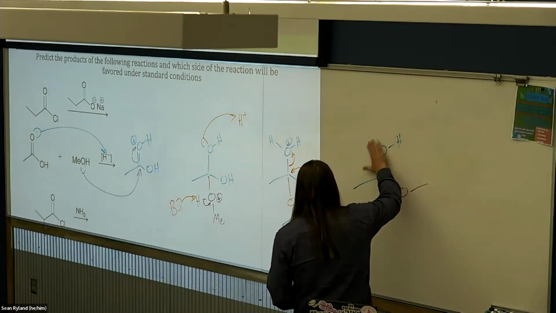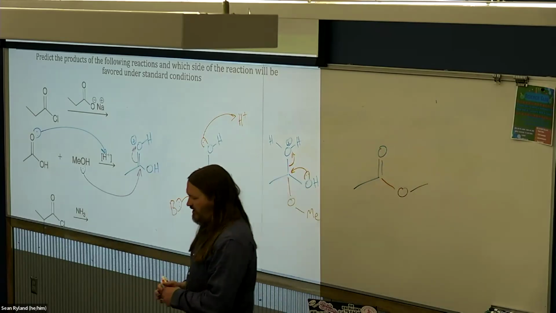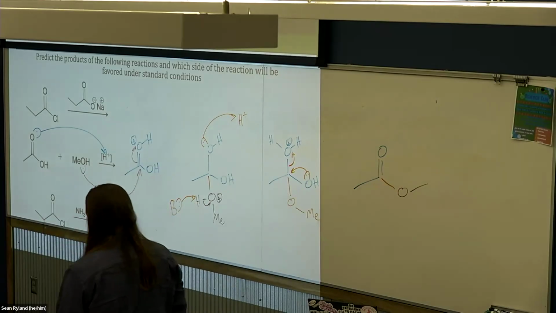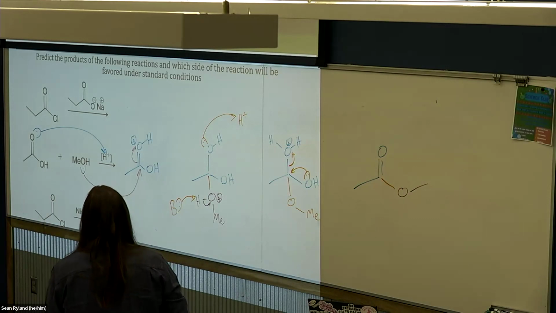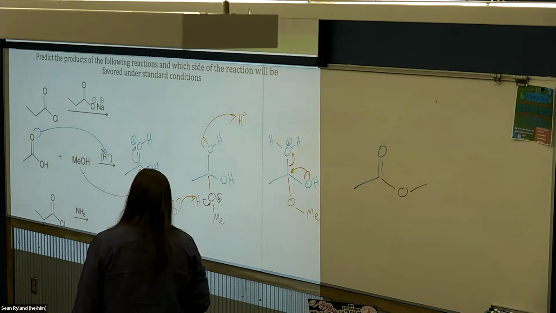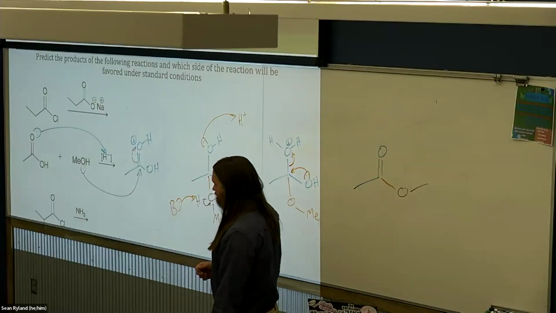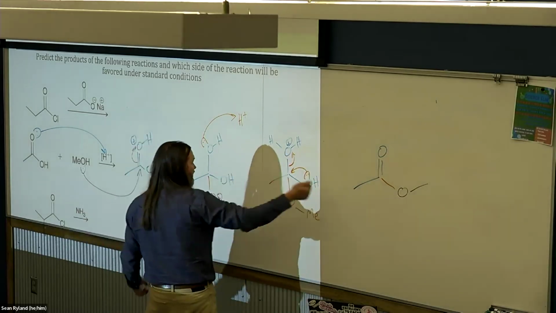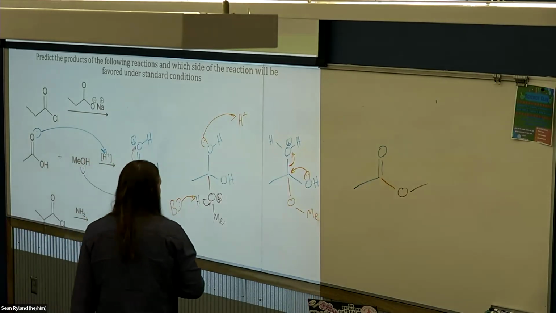So our final product here would be methyl acetate or methyl ethanoate. And which of these is going to be favored, the acid or the ester?